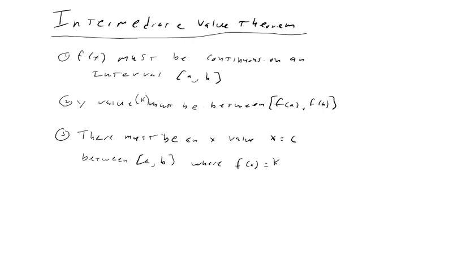If this y value is between f of A and f of B, somewhere in the interval there's an x value, we call it C, somewhere between A and B, where if you plug that x value in, you will get that k value that we are looking for.